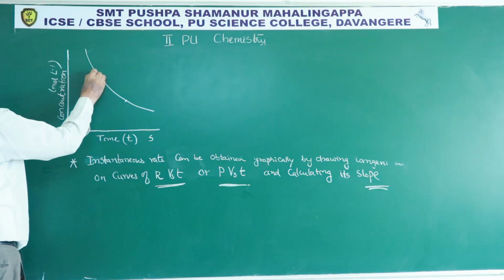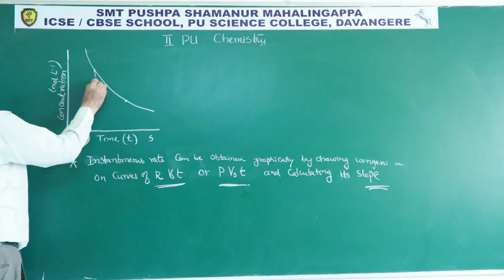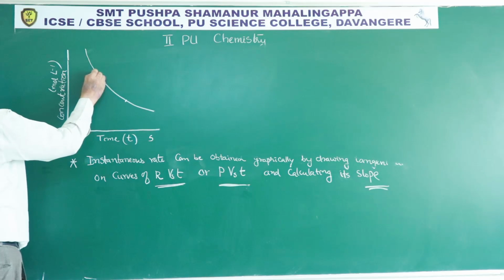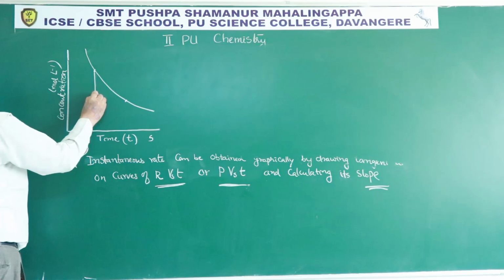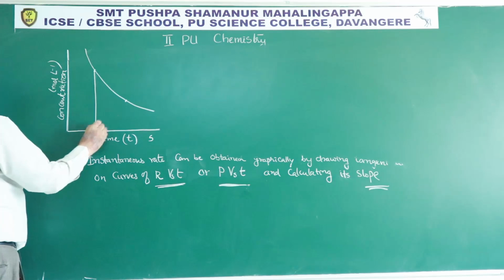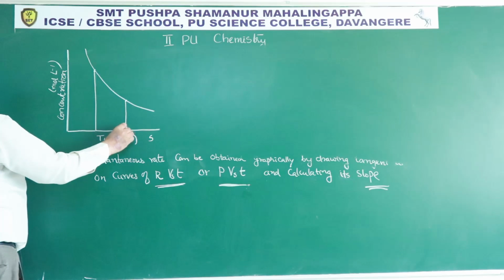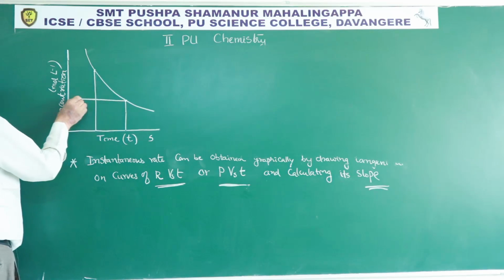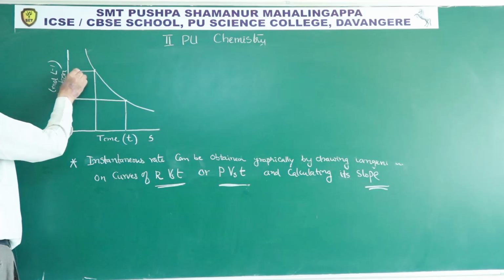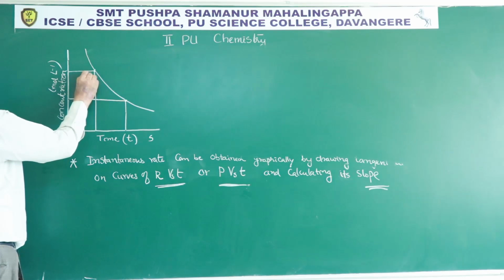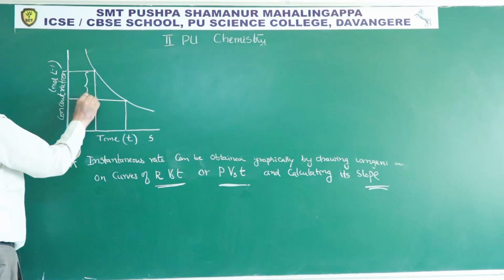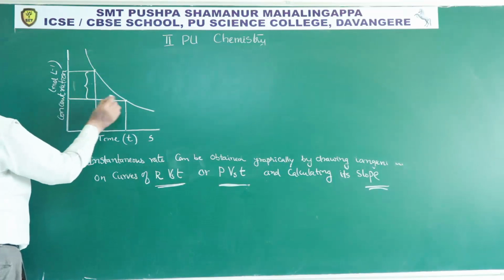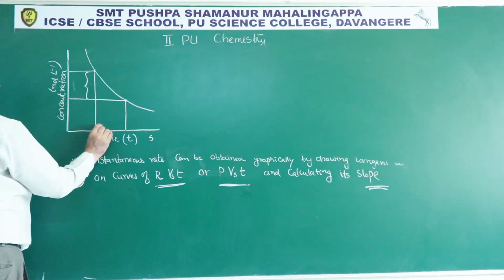Now draw the perpendicular lines to the x-axis and y-axis. Suppose this is dy, or the difference, and this is dt.